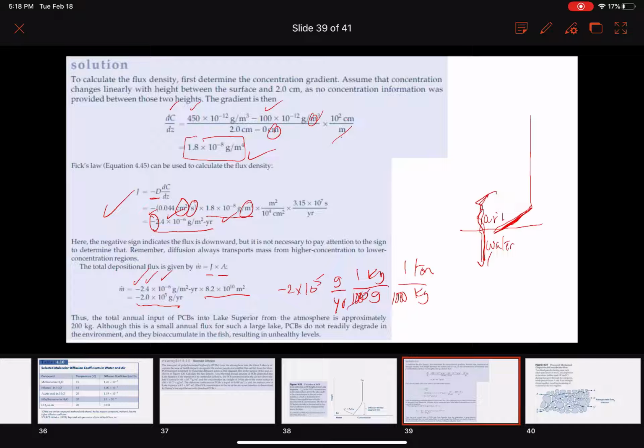If you divide by 1,000, that's minus 0.2 ton per year. That's a lot of deposition of PCBs into Lake Superior from the atmosphere. And you can see that this is too much per year of such a dangerous chemical.